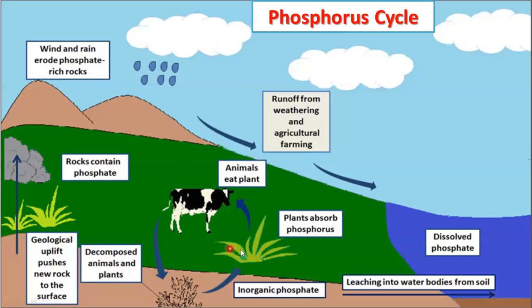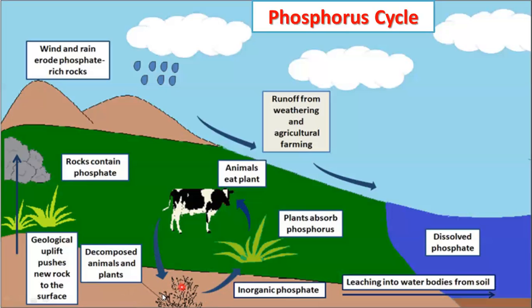After the death of these plants and the animals, decomposition of the dead bodies of these plants and animals takes place, and during this decomposition process, inorganic phosphate is formed and that gets mixed into the soil.